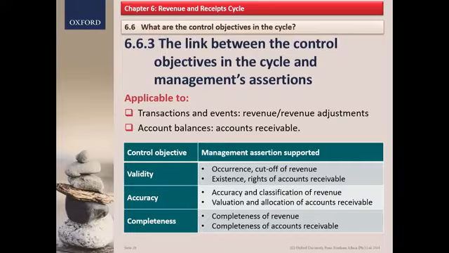Now, the management assertion which needs to be supported is: did the transaction occur? The cutoff of revenue was done properly. The cutoff meaning the revenue for a particular period has been recorded in that particular period. There is no overlapping of revenue recognition. So revenue for a particular financial year is recorded within that financial year.